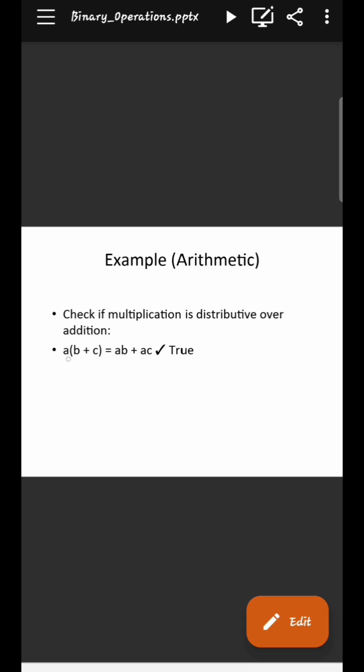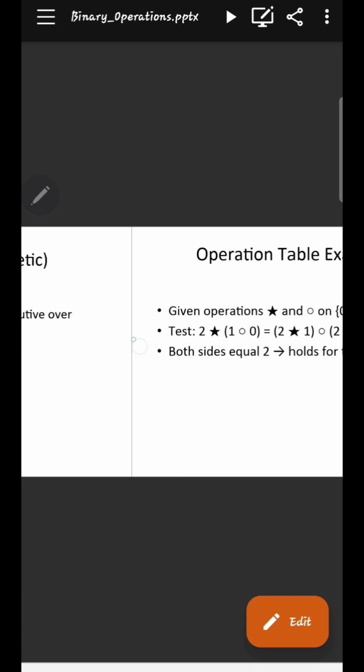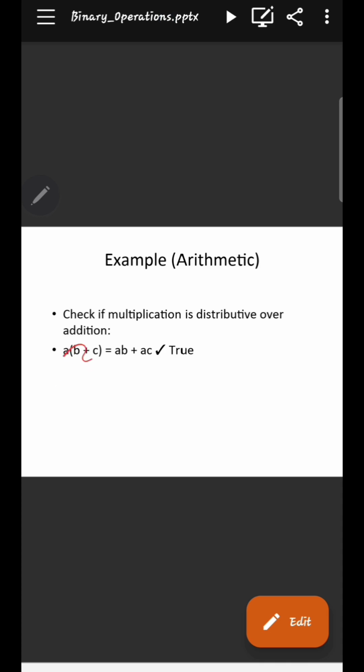Here we have two operations, addition and multiplication. So when you have A into B plus C, it should equal B plus C into A. When this is satisfied, then it is distributive.